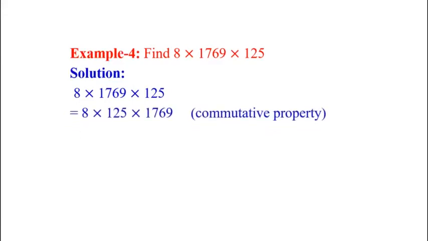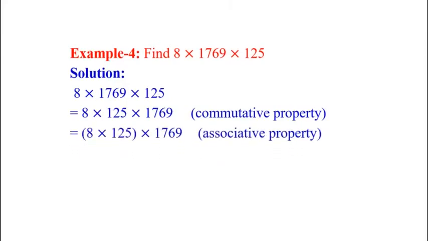Here for the last two numbers we use the commutative property. Why? Because we know that 8 into 125 is equal to 1000, so that will be easy for calculation. So the first line becomes 8 into 125 into 1769.